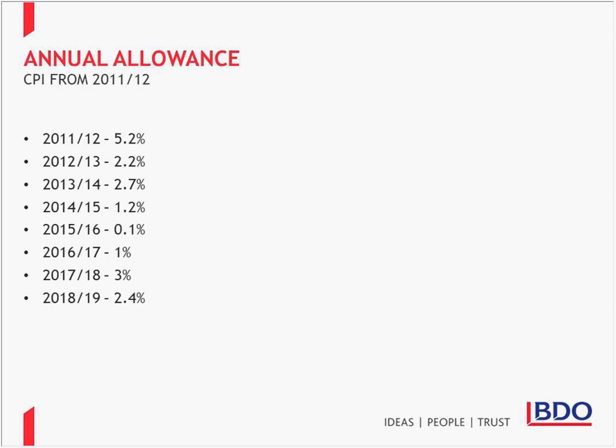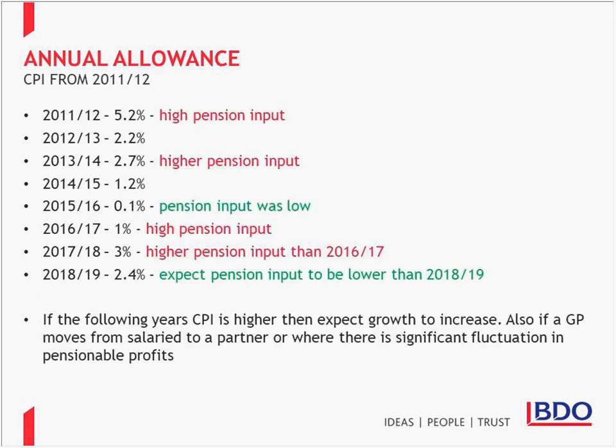1% of an increase doesn't sound very much, but you can see that it's the highest increase you've had in the last few years, and also the increase to 17-18 is an increase of 2%. So I've just put an example there: if you look at your pension statement, you'll see that in 2015-16, your pension input amount is low in comparison to other years.